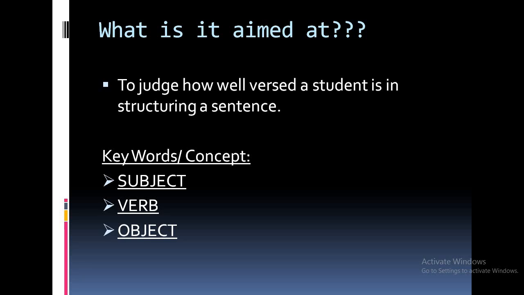The very first word is subject, that is S. Verb, that's V, and O, that's object. So when I talk about SVO, it is subject, verb, object. Okay, so these are the concepts which you must all be very sure about.